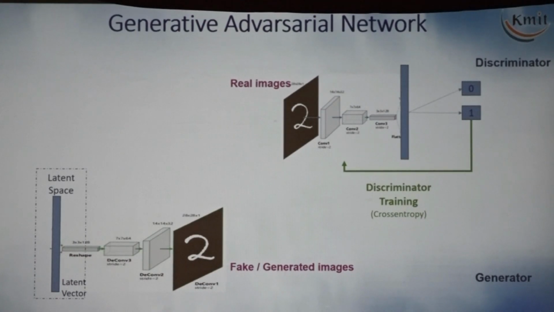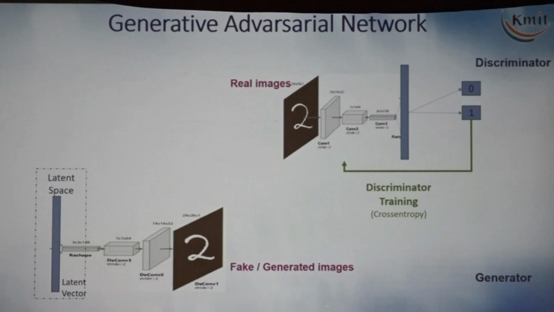Now, to get trained, if you give only real images, it means the data is completely imbalanced, because all the images are real images. There are no fake images. All are one. Now what should we do?